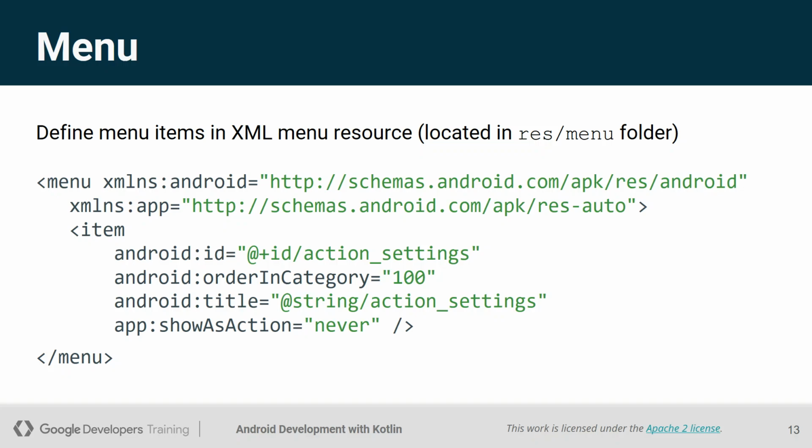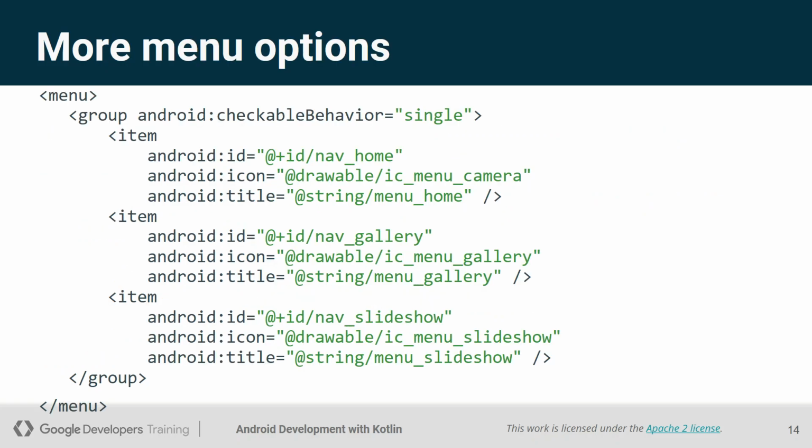So let's look at it now. More menu options that you can now add. We can now add some groupings, because now we want to add some actions with that.